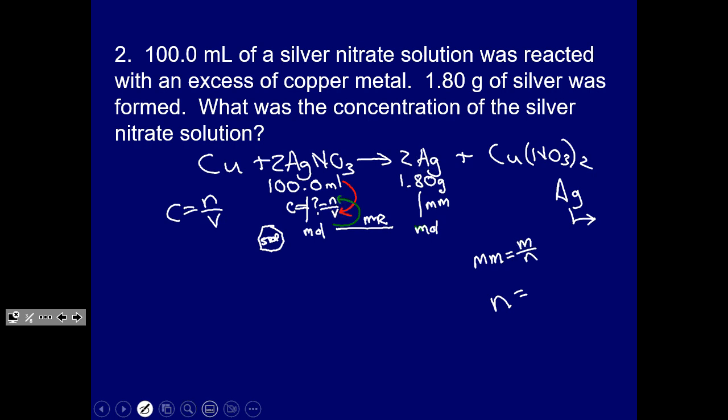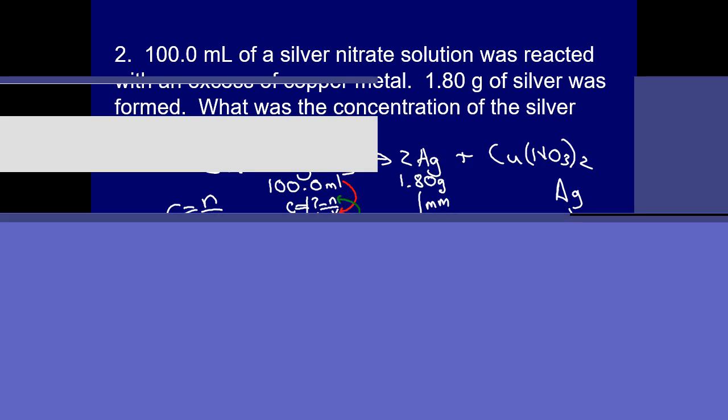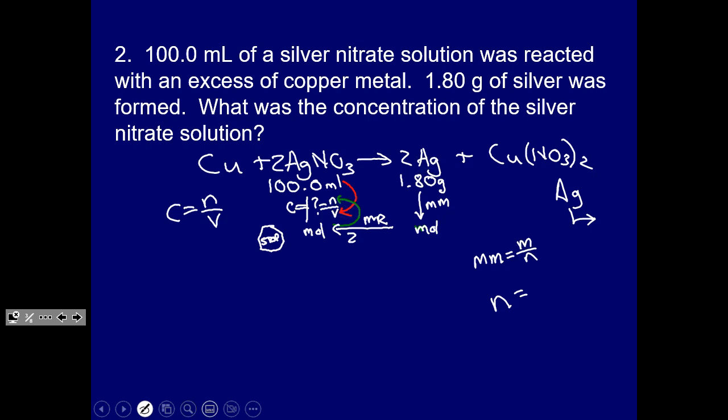Once I have the N, I can head back this way with a 2 to 2. And then I can put everything into C equals N over V. The V, because it's going to be in moles, has to be in liters, 0.100 liters.